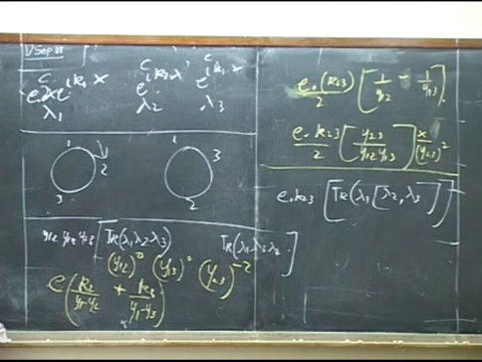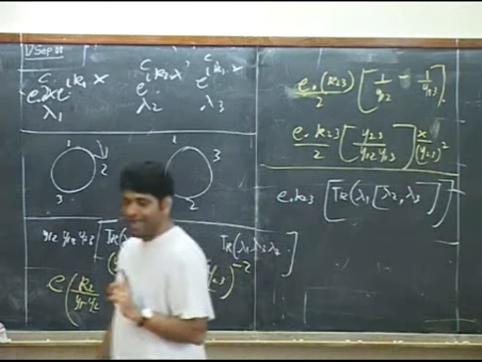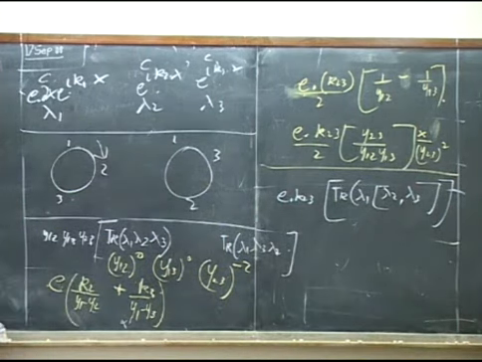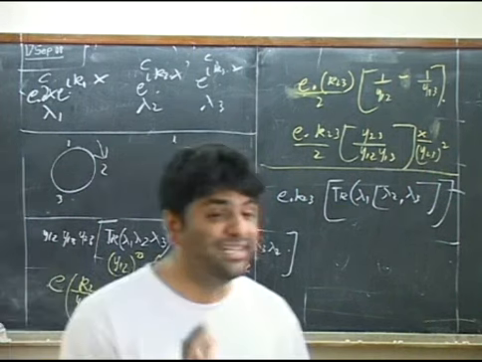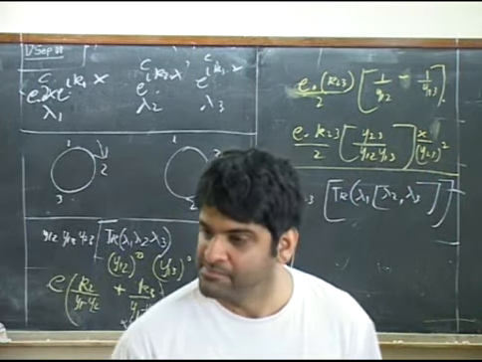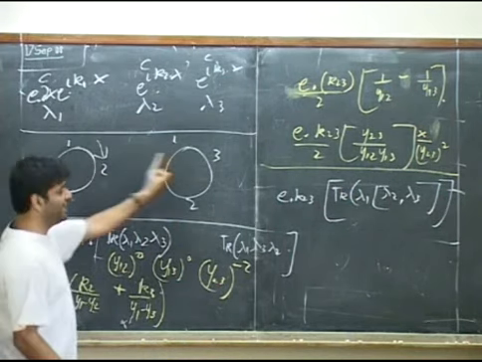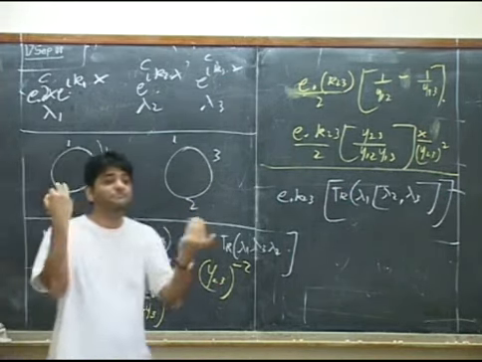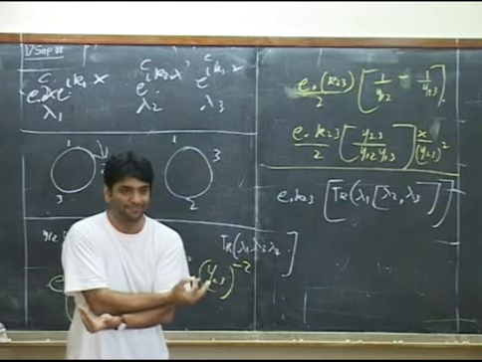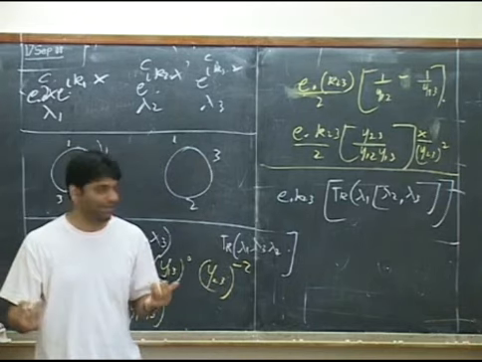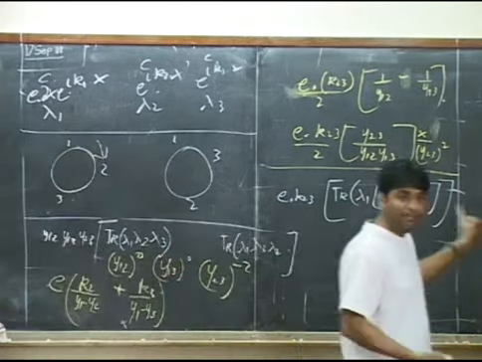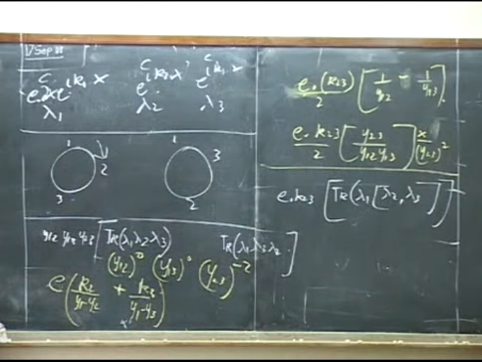Okay? It's a little subtle if you think about it. So I would like each of you to go home and think this minus sign through carefully in your head. Okay? But the net result is that these two orders contribute with a relative minus. Okay? That's the thing that's really important. That's what makes this the commutator rather than the anti-commutator.